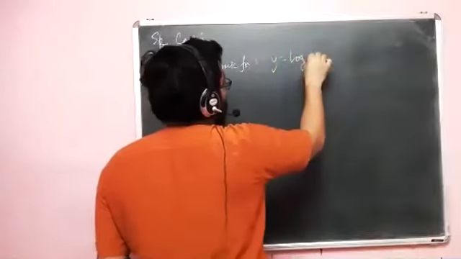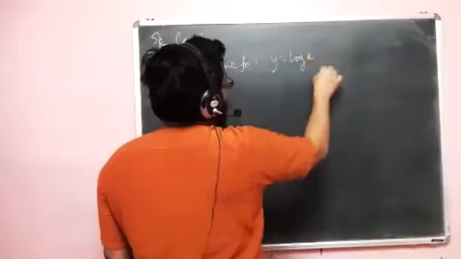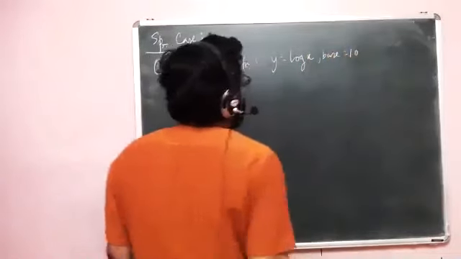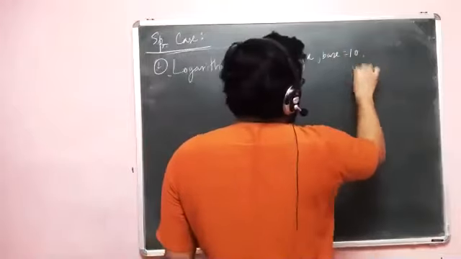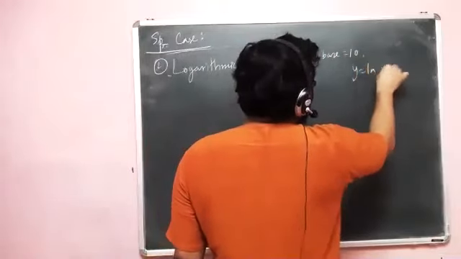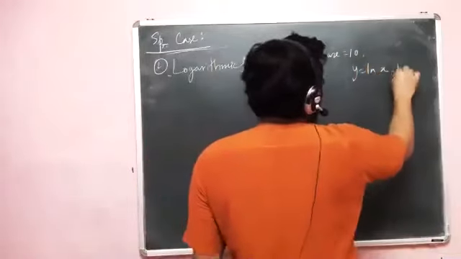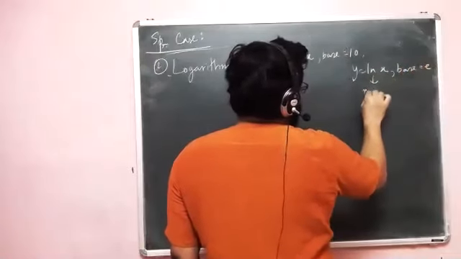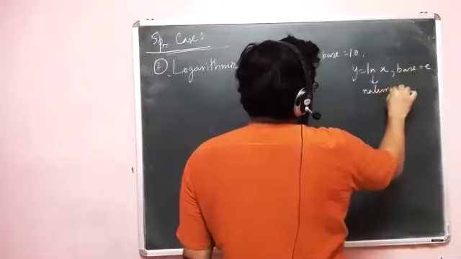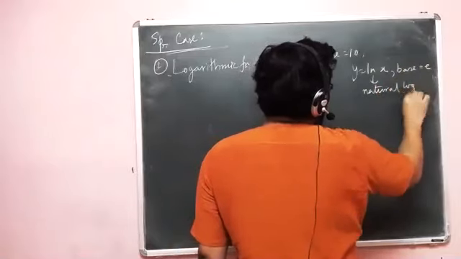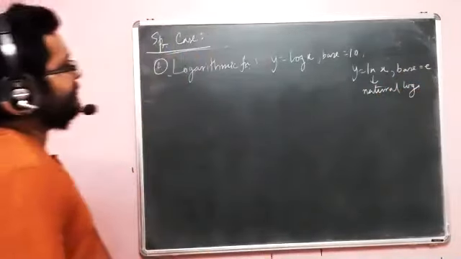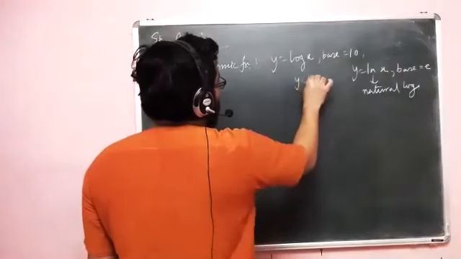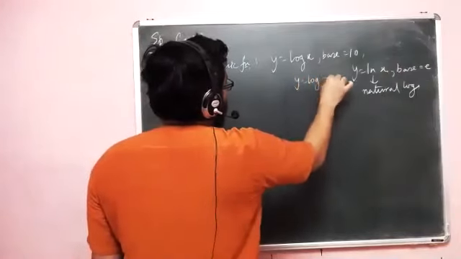One is y equal to log x, for which we consider the base to be 10. And there is y equal to ln x, where the base is equal to e. This ln is natural log. In general, we have y equal to log x to the base a.